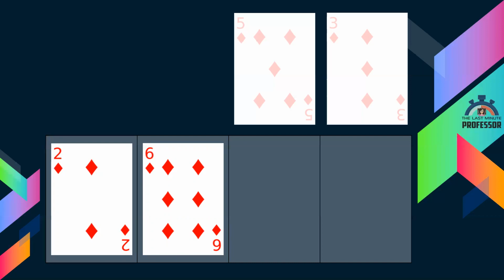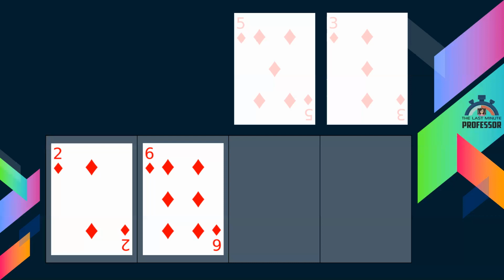We keep on comparing until the picked card value turns greater than the card in hand. That is, we stop when we encounter the first situation where the picked card is greater than the card in hand.